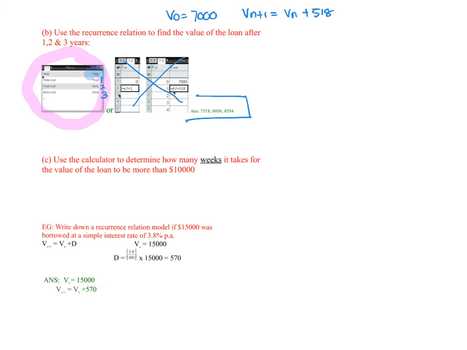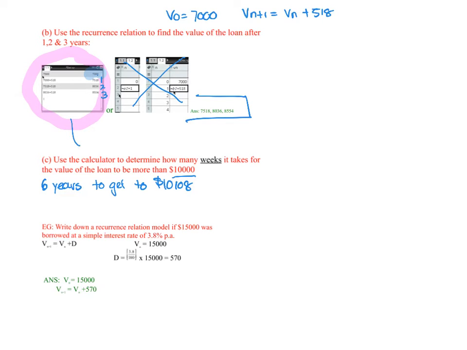Then it says use your calculator to find out how many weeks it would take to get to 10,000. So I'll flick back on the calculator and we'll practice what we did yesterday, and we'll just count how many years it takes to get there. So we see that it says 6 years to get to roughly 10,108.